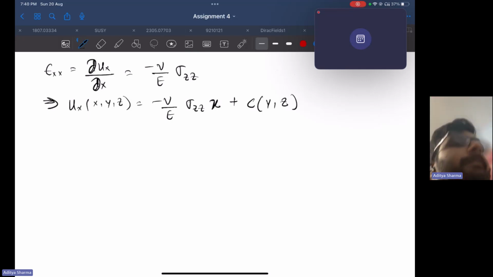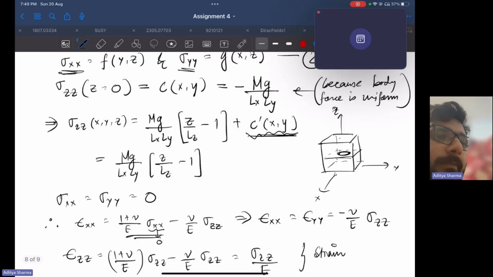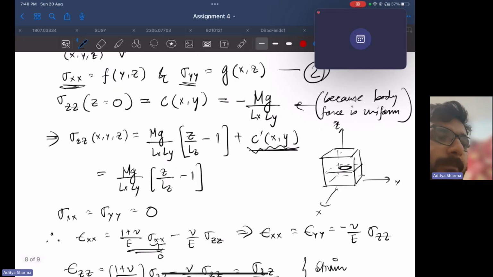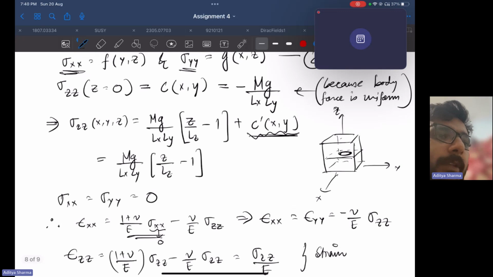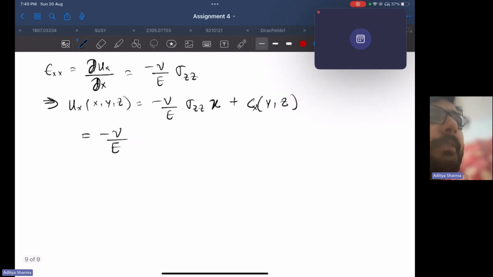So I'll write this as Cx, and it is equal to minus ν/E σzz. What was σzz? σzz is mg by Lx Ly, z by Lz minus 1.